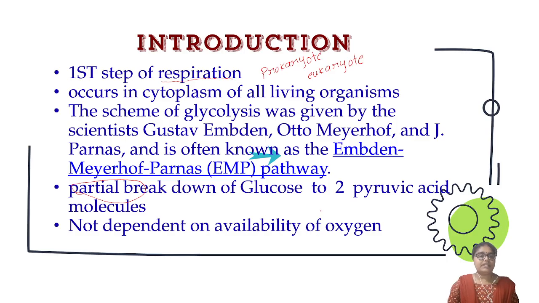Whether in the presence of oxygen or in the absence of oxygen, glycolysis takes place. In the presence of oxygen, it is called aerobic glycolysis. In the absence of oxygen, it is called anaerobic glycolysis.